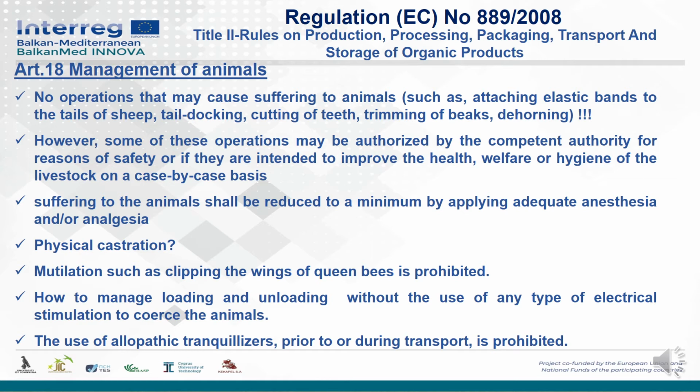However, some of these operations may be authorized by the competent authority for reason of safety or if they are intended to improve the health, welfare, or hygiene of the livestock on a case-by-case basis. Suffering to the animals shall be reduced to a minimum by applying adequate anesthesia and/or analgesia.